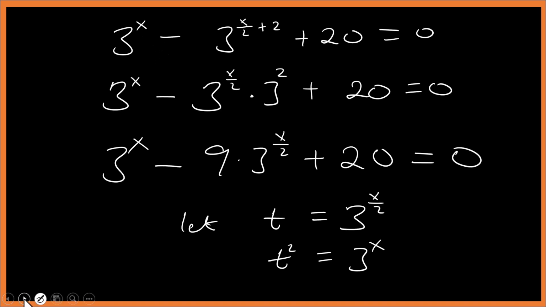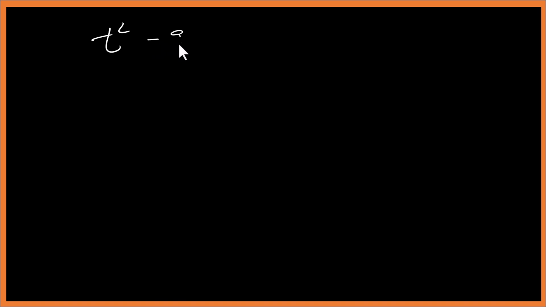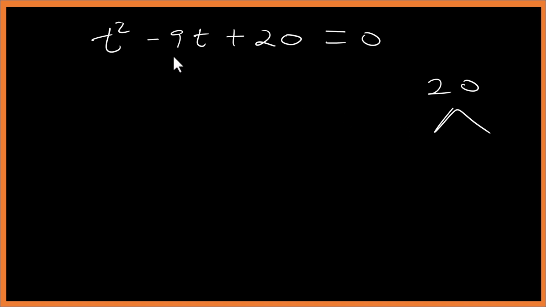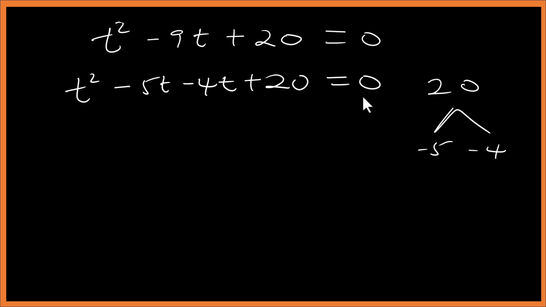So we have t squared minus 9t plus 20 equal to 0. This one is a quadratic, so let's look for factors. Factors of 20: minus 5 and minus 4. So t squared minus 5t minus 4t plus 20 equal to 0.